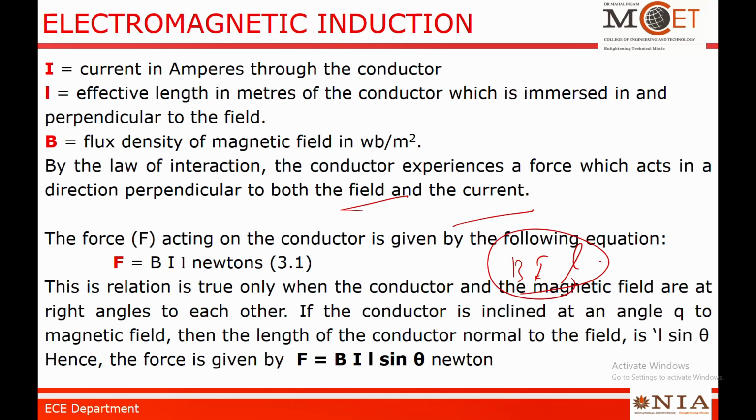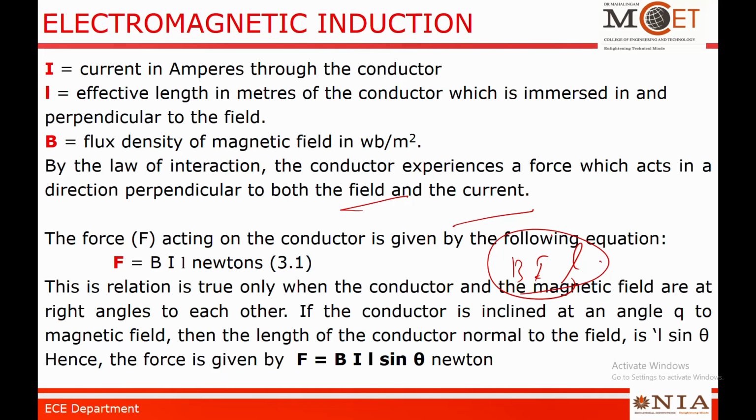This relation holds true only when the conductor and the magnetic field are at a right angle. The conductor and the magnetic field must be placed at a right angle.